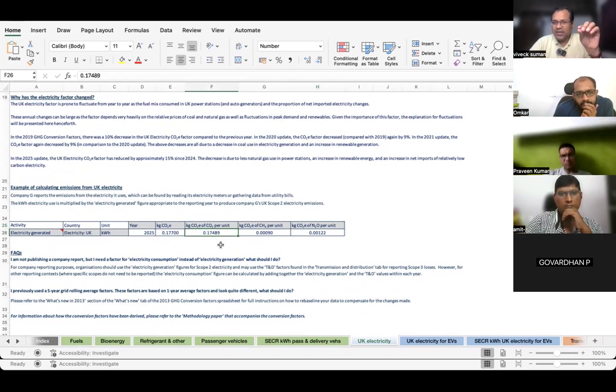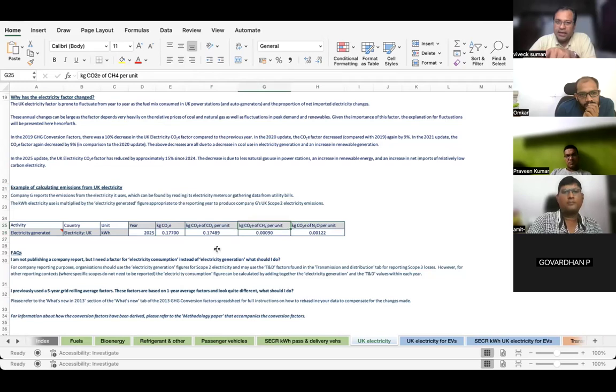Do you require multiplying any number here? Absolutely not. If there was a CH4 number and these people had not converted it to equivalent, then you might have multiplied by 28 times the global warming potential, but they have already converted it.